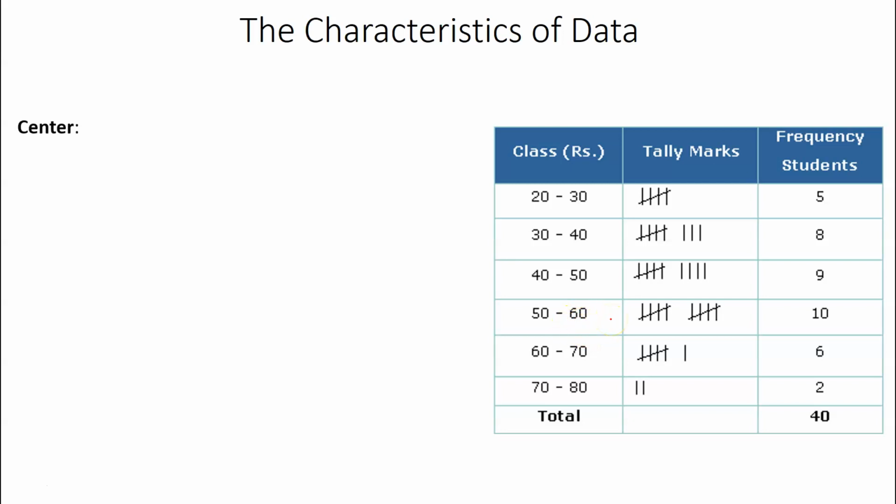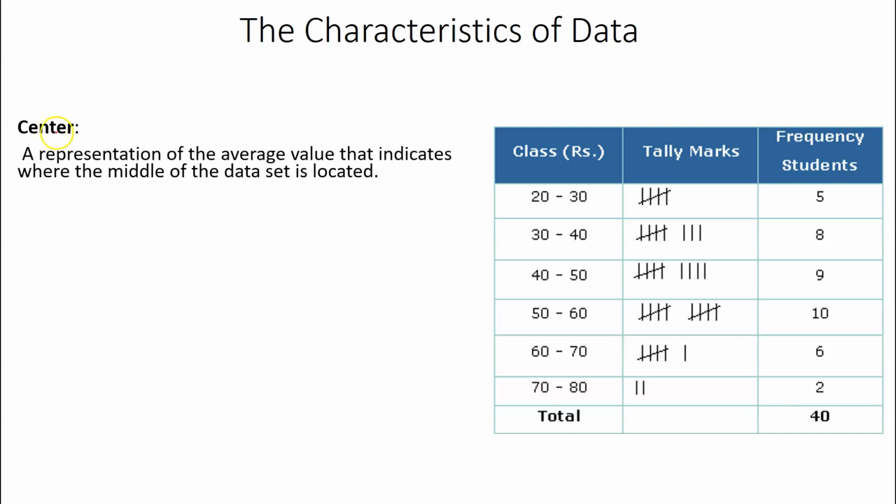When we talk about characteristics, these are what I'm referring to, the center. And that's sort of a vague term when I say the center, because it could mean different things. It's a representation of the average values that indicate where the middle of the data set is located. Okay, so I'm going to try to explain right now why we don't use the term average a ton in statistics.